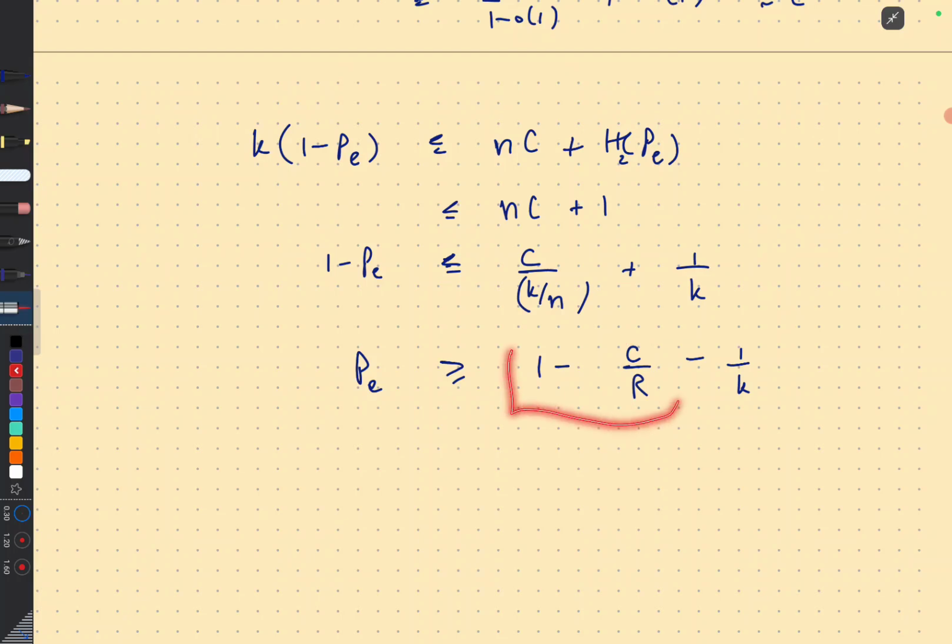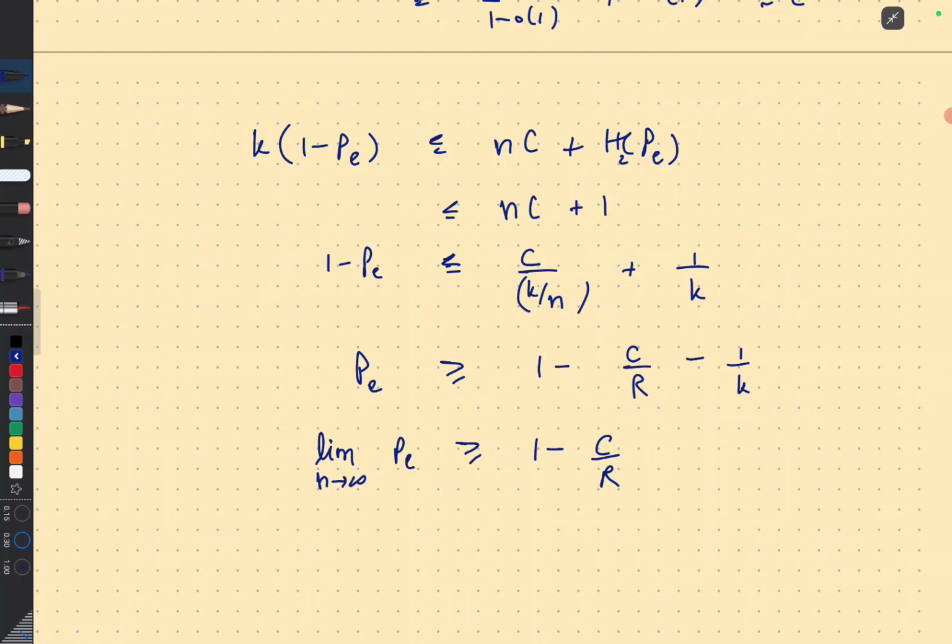Then it means that the probability of error is always greater than or equal to 1 minus C by R. So asymptotically, this is guaranteed to be greater than or equal to 1 minus C by R. So if the rate is above capacity, then the probability of error will be above 1 minus C by R. Right?